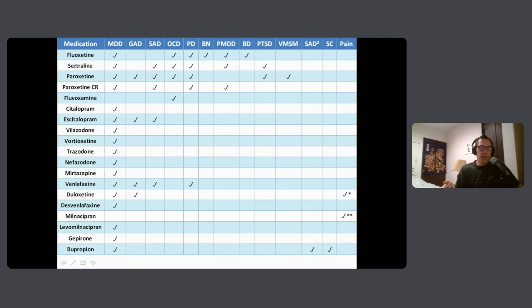Next, PMDD, that's premenstrual dysphoric disorder, what those of you out in the lay public would call PMS, premenstrual syndrome. There's actually three medications that are FDA approved for this: fluoxetine, sertraline, and paroxetine controlled release. And paroxetine's got some funny extra labeled stuff.